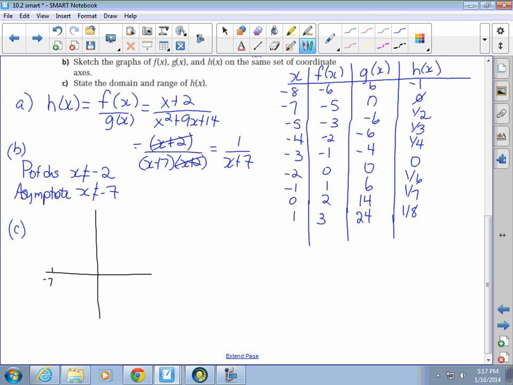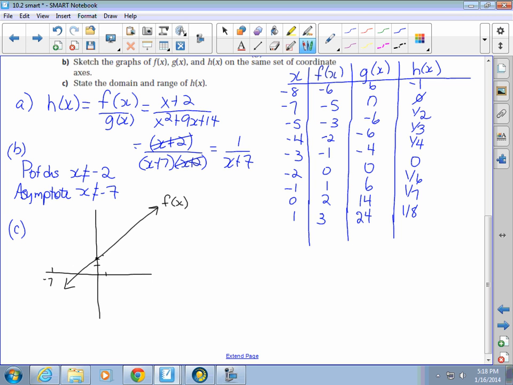For my f(x) is equal to x plus 2, so if this is, I call that 2, and then I'm going up 1 over 1. So my graph is going somewhere like this. So that's my f(x) graph.